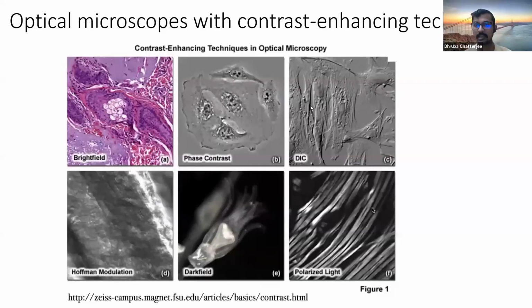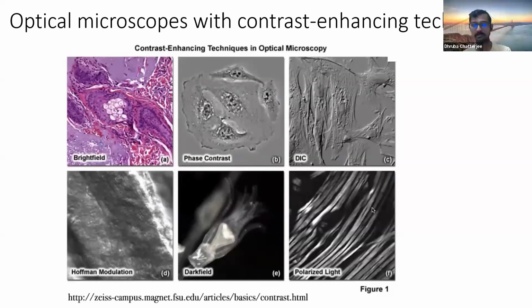For example, phase contrast and differential interference contrast microscopes. Bright field is the simple compound optical light microscope that we saw. Phase contrast and DIC take advantage of the different refractive indices of different subcellular compartments.